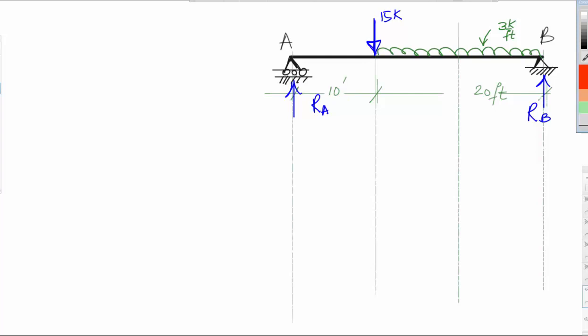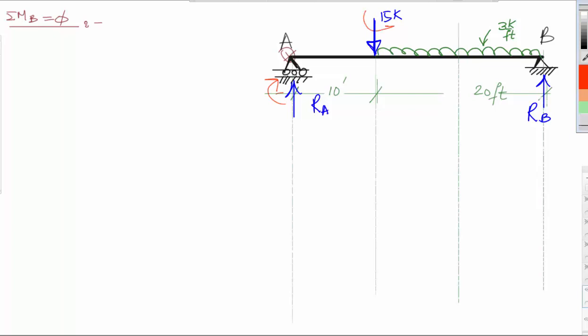To calculate the reaction, we need to take moments about point A, for example. So sum of all moments about point A or B, doesn't matter, I'll do B, is equal to 0. This will rotate in this direction, which is negative clockwise.